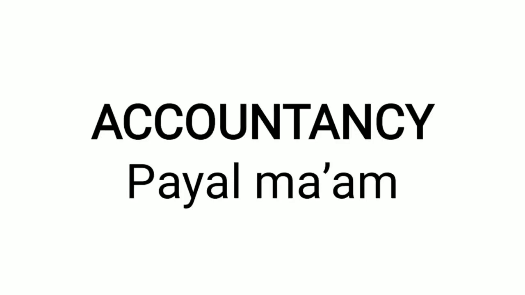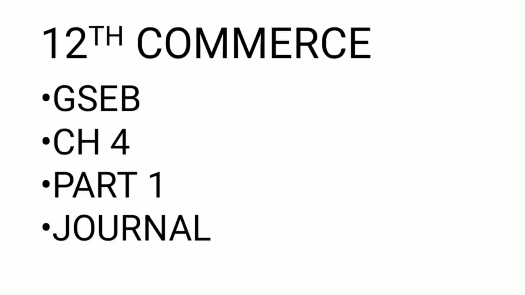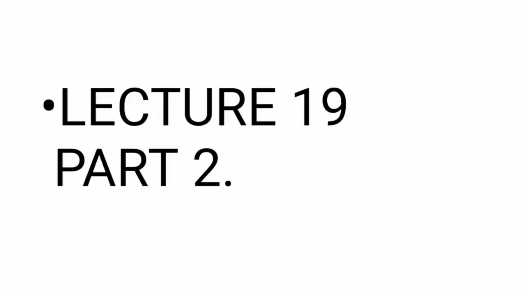It is part 1, lecture 19, and we are going to continue with the same chapter 4 from part 1, which is journal. This is the second part of lecture 19. You had a previous lecture, lecture 19 itself, which was the first part. In that lecture, we had started with illustration 8, which is left to be completed.